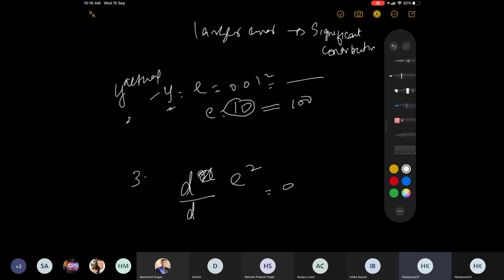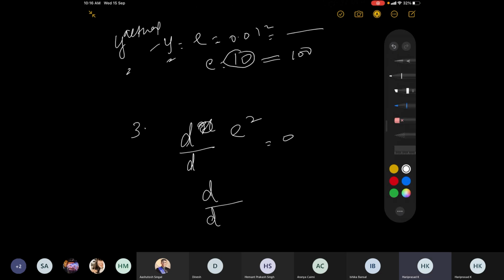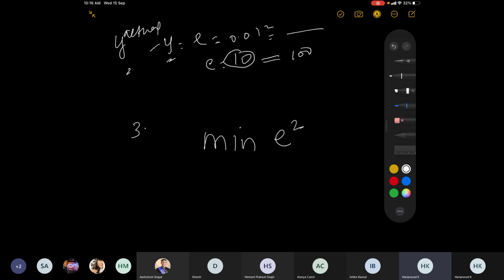Square, okay, if you have the square, let me also write it very precisely. What we want to minimize is the error square. In fact, it is not error square, it is the sigma of error square of i over all i.